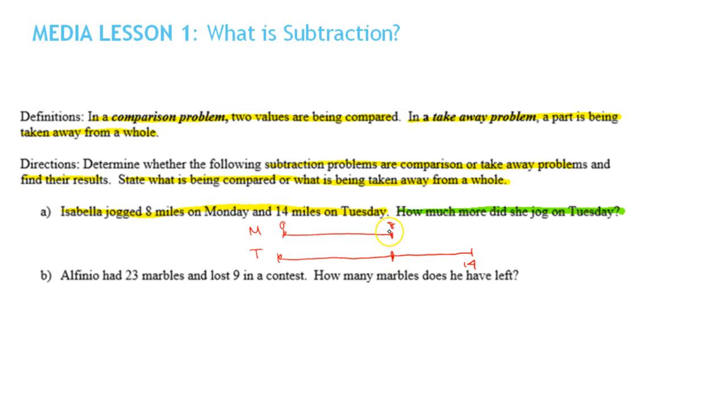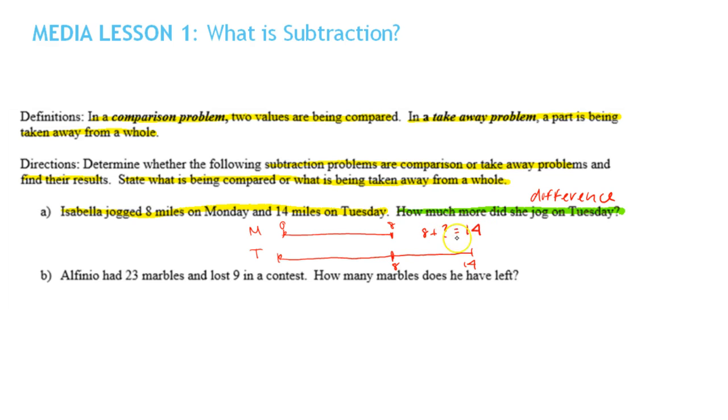So we could think of what is the difference, and frequently in comparison problems we're talking about a difference between these two numbers. If this is 8, I can think of what I would add on to 8 to get 14.